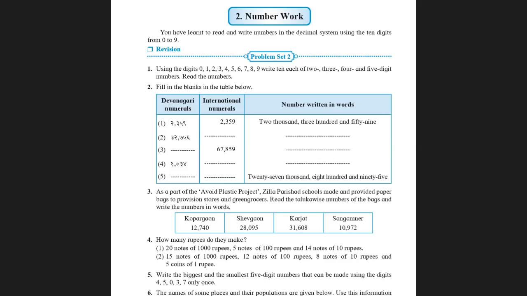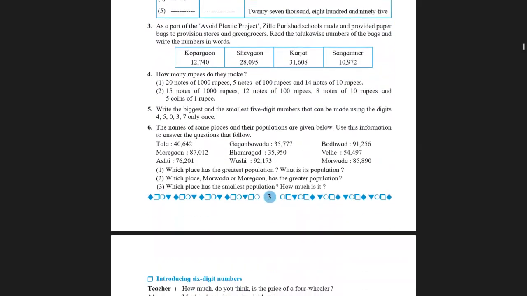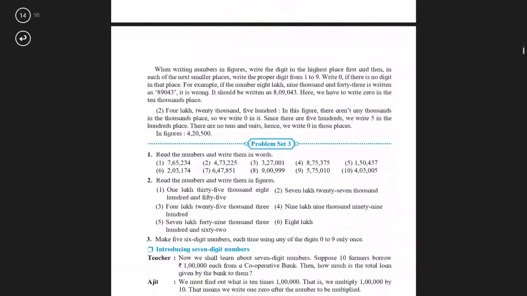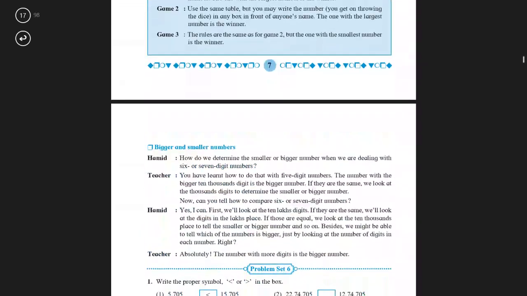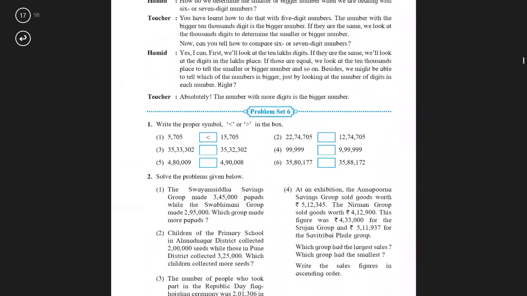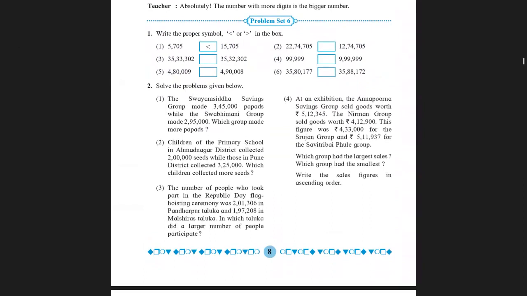go to page number 8. On page number 8, problem set 6, you can cancel out question numbers 3 and 4 of the second part of the question.